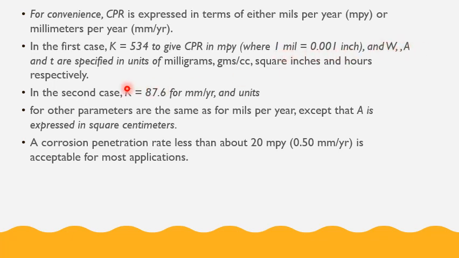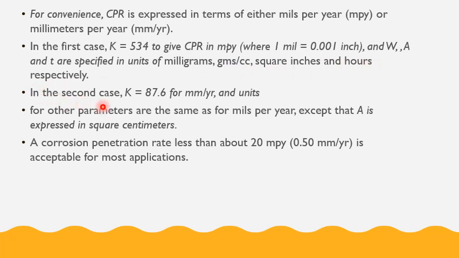If K is 534, then CPR will have the unit mils per year, W will have the unit milligram, density gram per centimeter cube, area square inches, and time in hours.